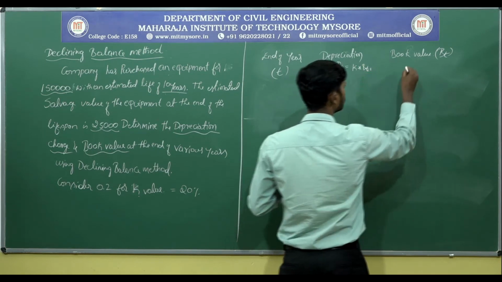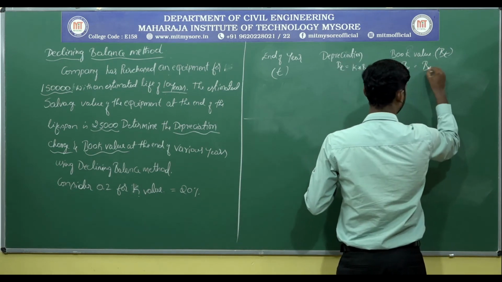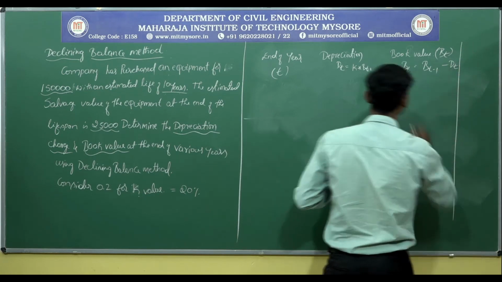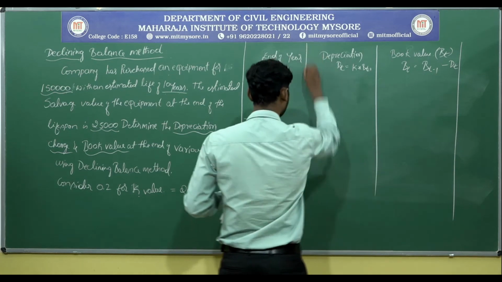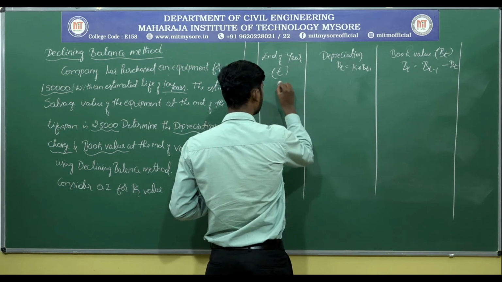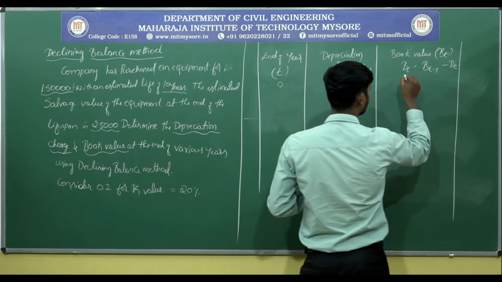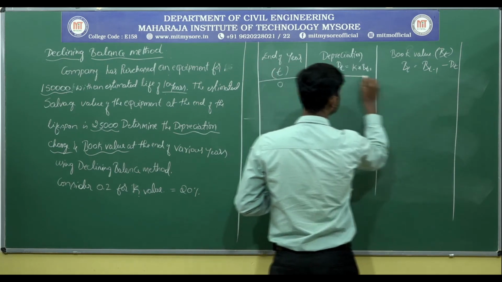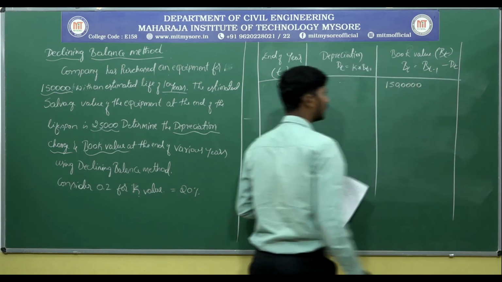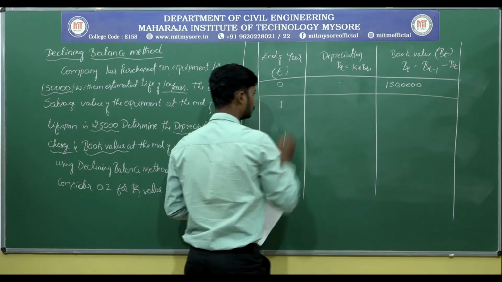Same way to calculate book value, bt minus 1 minus dt. Okay, now what is end of year? Let it be initially 0, there will not be a depreciation value, and here it is 1,50,000.